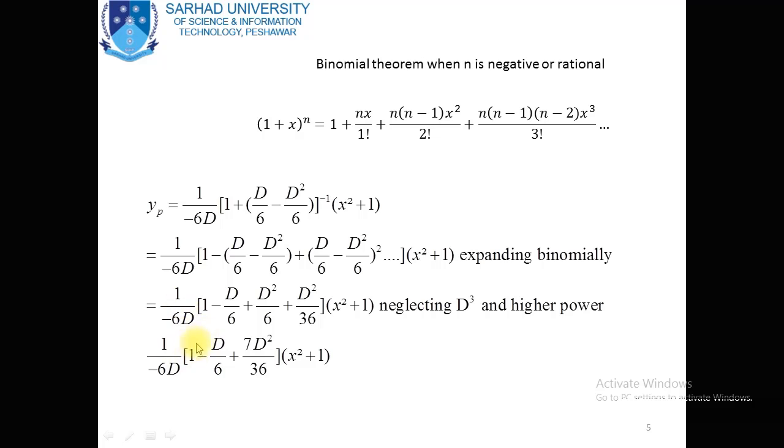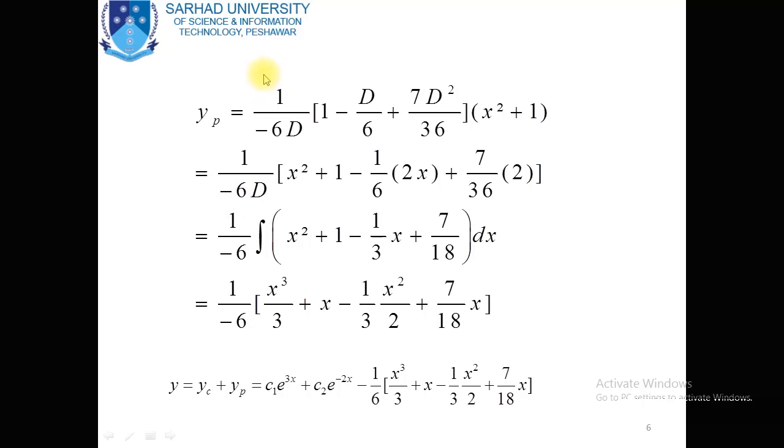Now minus 1 over 6d into 1 minus d by 6, plus, taking the LCM of these two terms, we obtain 7d square by 36 into x square plus 1. Now d means the first order derivative for this polynomial, and d square means the second order derivative. So applying the first or second derivative to x square plus 1, the particular solution is equal to 1 over minus 6d into 1 minus d by 6 plus 7d square by 36 into x square plus 1.